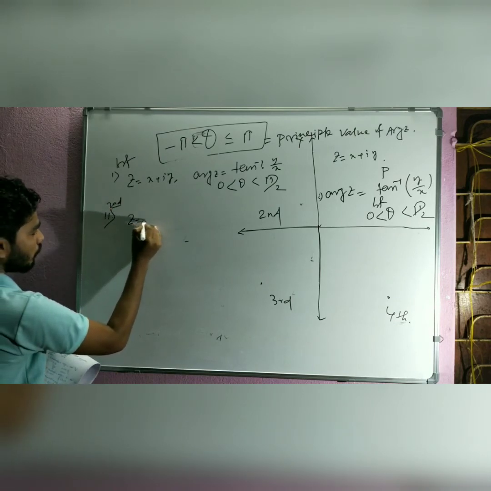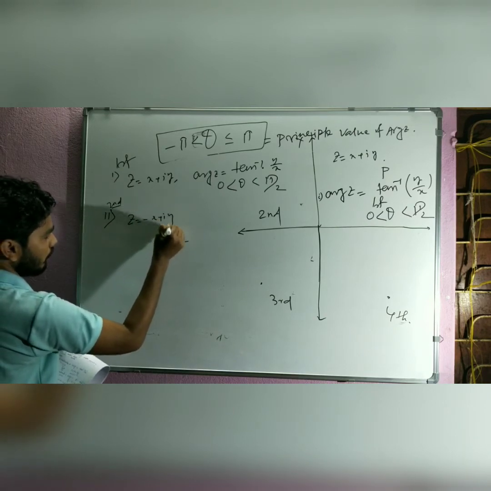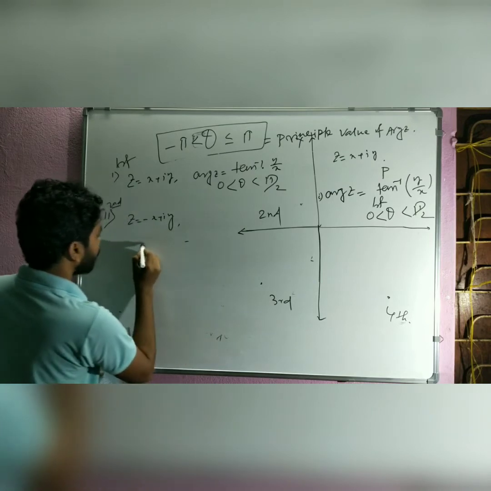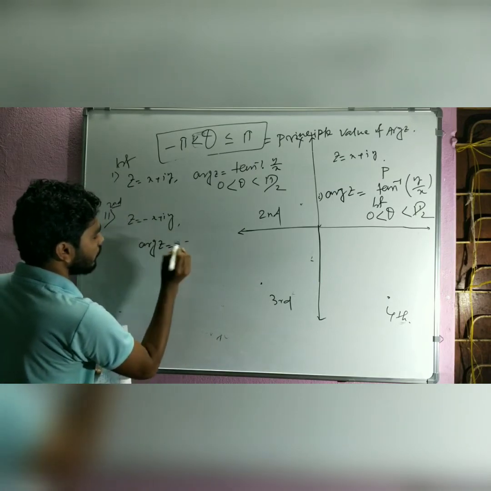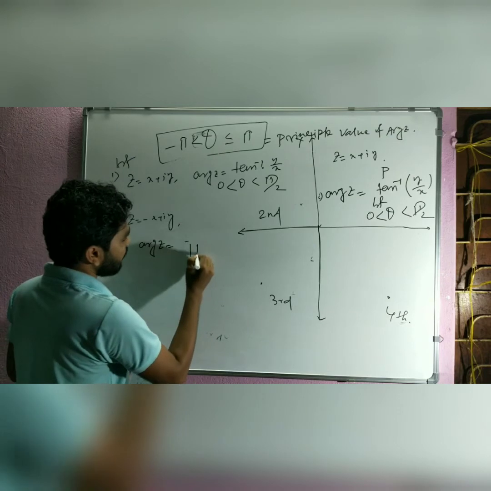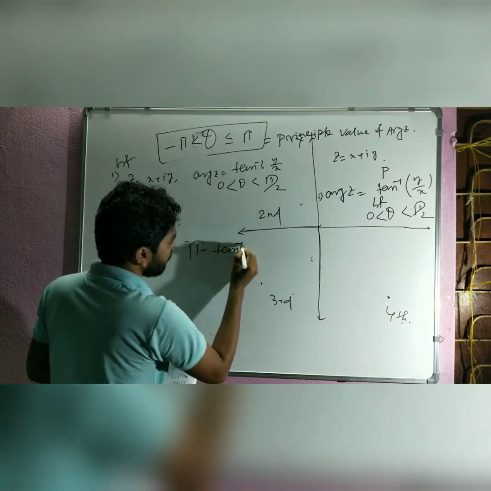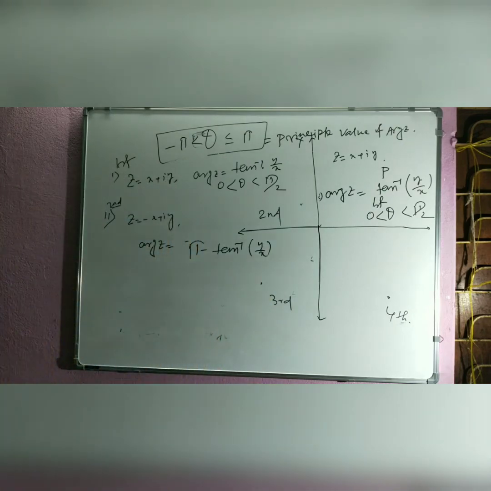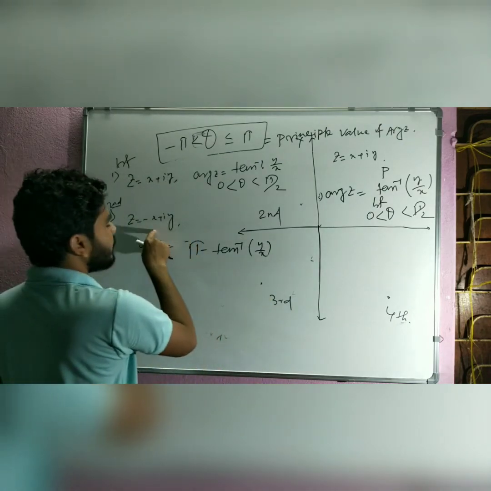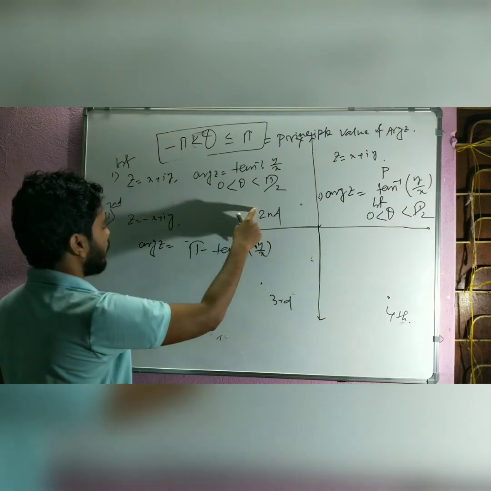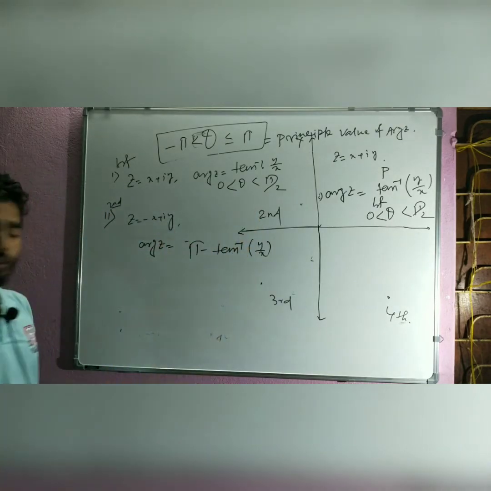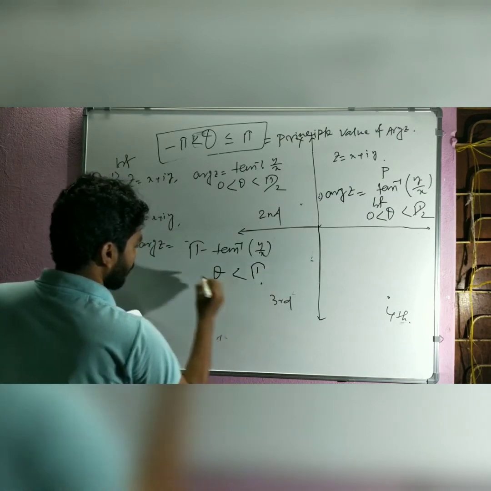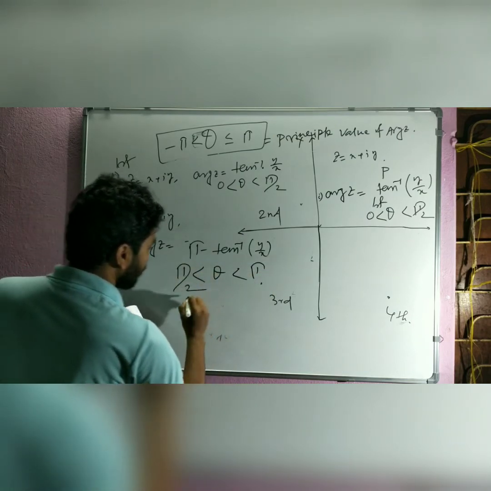Suppose z equal to minus x plus iy. Then the argument of z equals pi minus tan inverse y by x. This is the formula if z lies in the second quadrant, and theta lies between pi by 2 and pi.